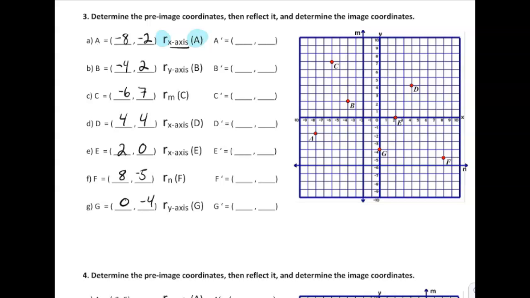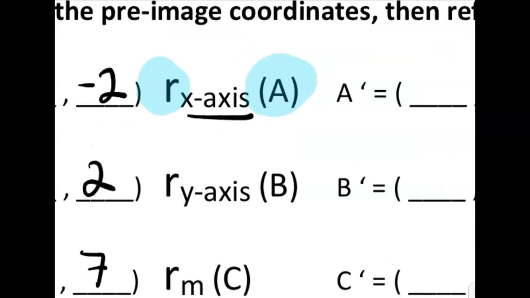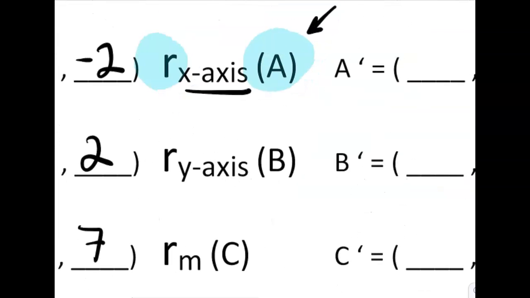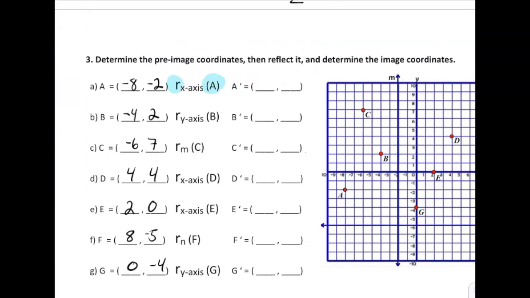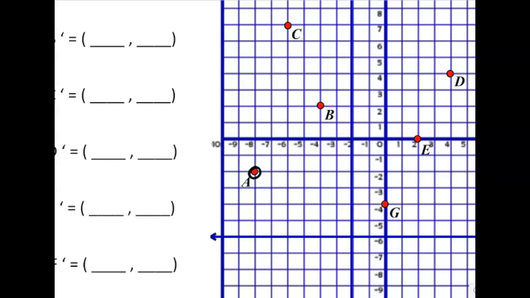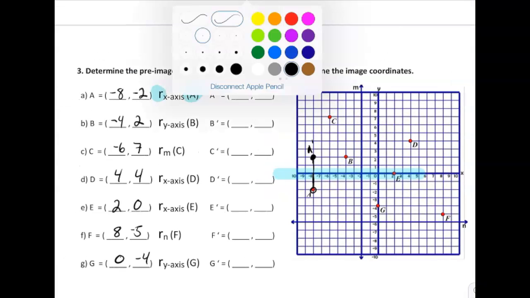So a lowercase r is reflect, and it's telling you to reflect something over the x-axis, and that thing is A. So let's find A. It's right here. I'm going to reflect it over the x-axis, which means I have to go up 2 to get there, so I'm going to go up 2 more. And that would be A prime, which is the point -8, +2.